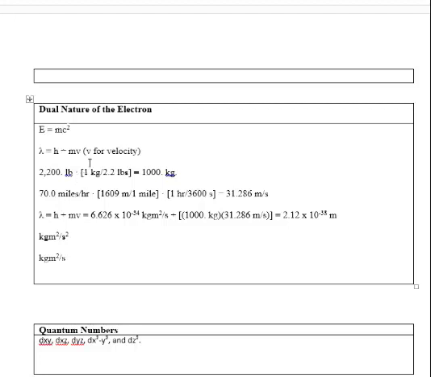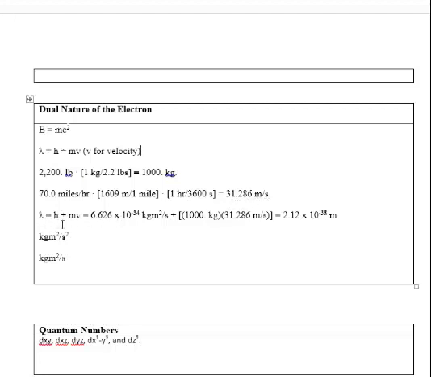2,200 pounds multiplied by the quantity of 1 kilogram per 2.2 pounds is equal to 1,000 kilograms. 70.0 miles per hour multiplied by 1,609 meters per 1 mile multiplied by 1 hour per 3,600 seconds is equal to 31.286 meters per second.